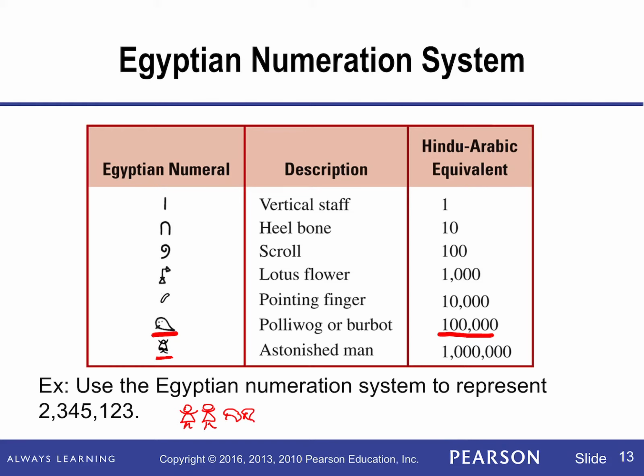Excuse my artistic ability here. And 40,000, that's going to be 4 pointing fingers. 5,000 is the lotus flower, so I need 5 of those.